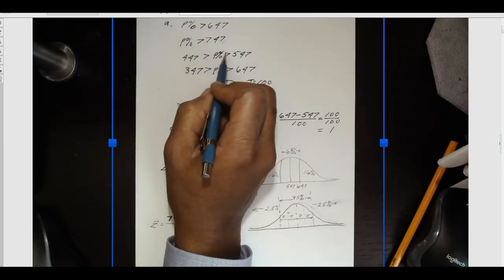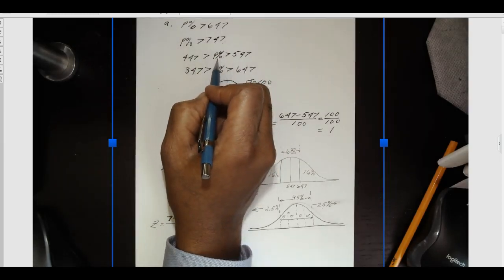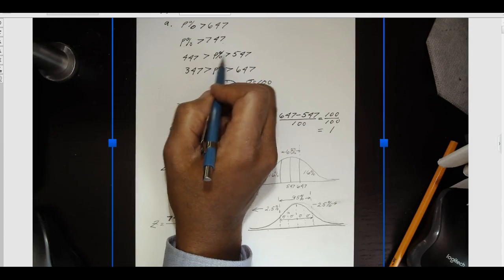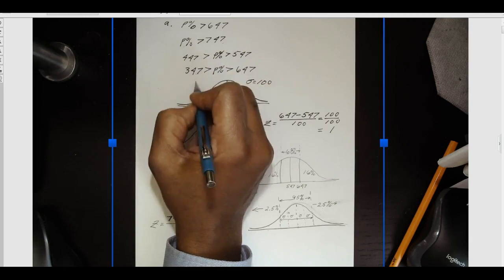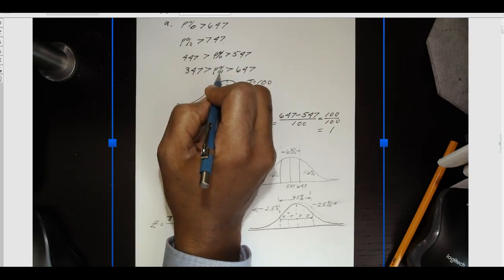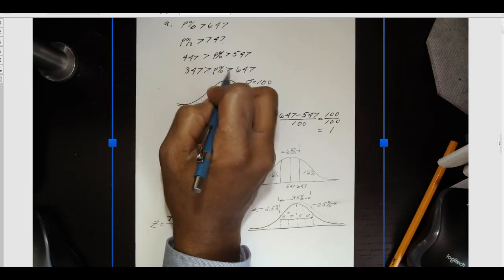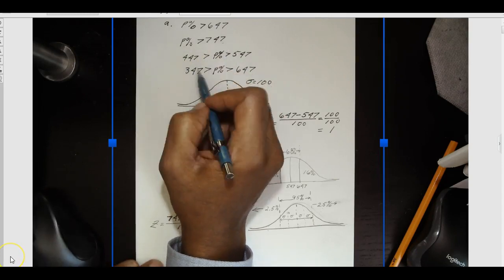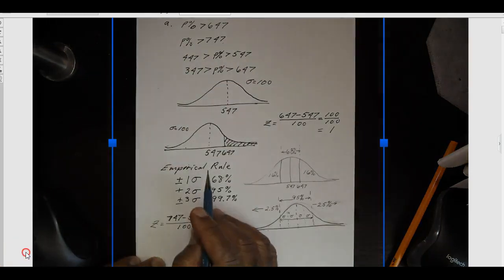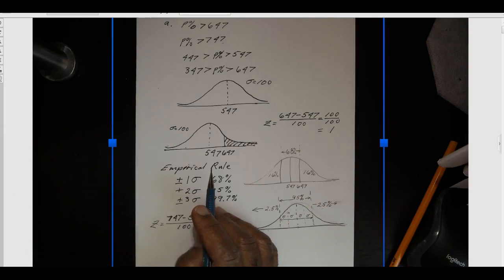And then there are two problems that look at an interval. What percentage fall between 447 and 547? What percentage of the scores fall between 347 and 647? And they, of course, pick these numbers intentionally to make it easier for you to solve the problem using the empirical rule.